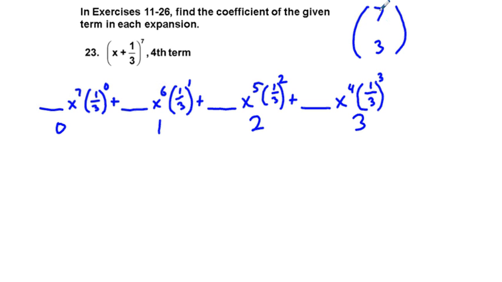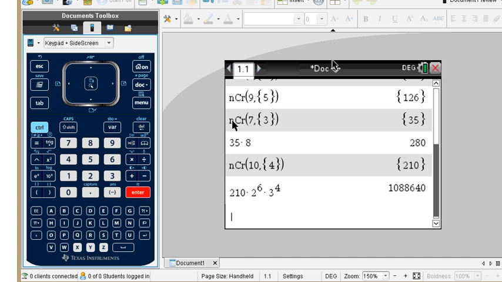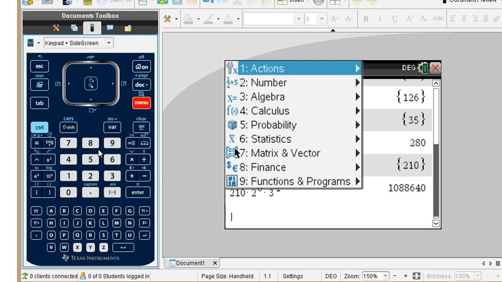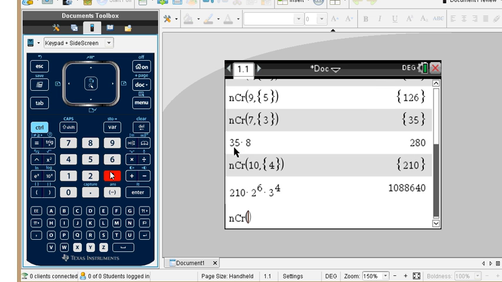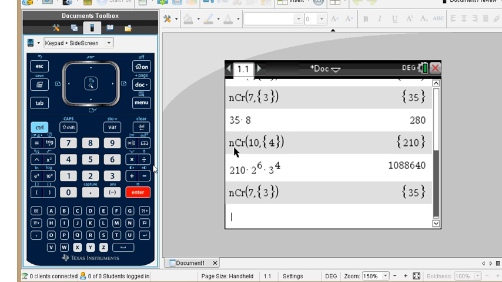So 7 choose 3. Going to our calculator, we put menu 5, 3, and 7 choose, so 7 comma, bracket 3, and for our fourth term, we get 35.